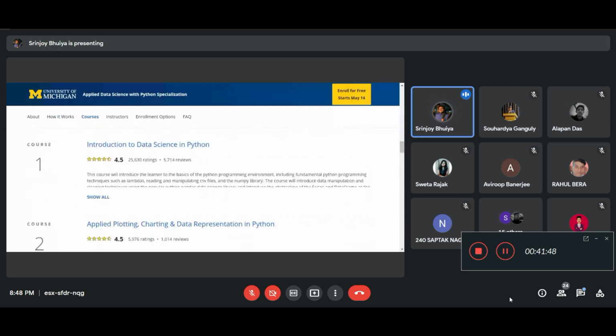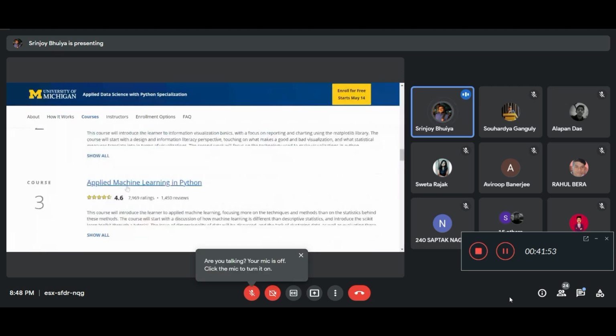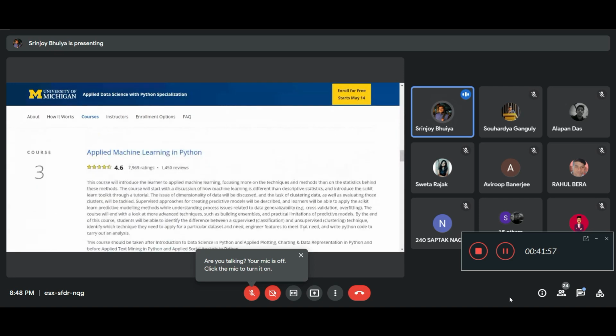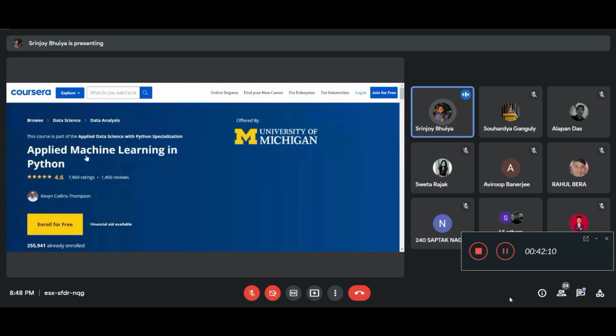As you can see, it starts with charts and plotting, etc. But this applied machine learning course is highly recommended. It teaches a lot of stuff like how an SVM works, how it is created, and in which field or in which data it will work properly. It is highly recommended from my part because I have also used this one before. And yeah, these three, and obviously keep reading. Don't stop reading about random topics.